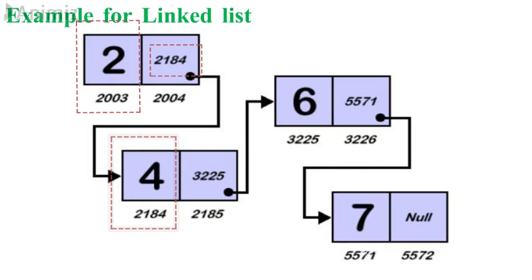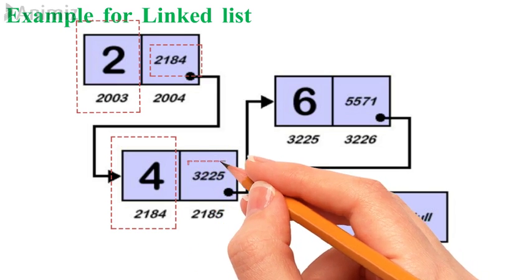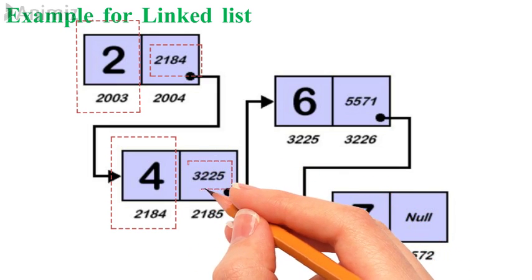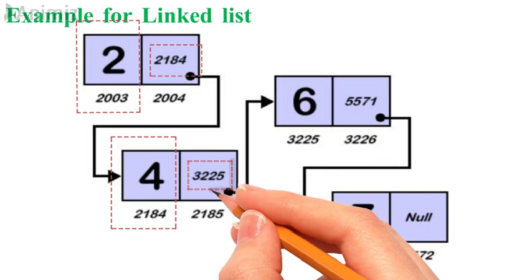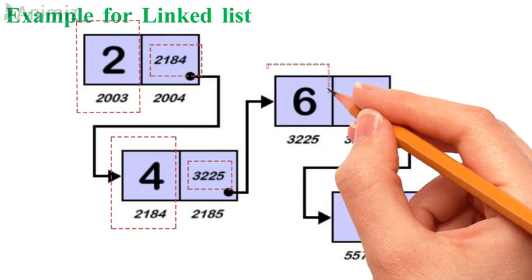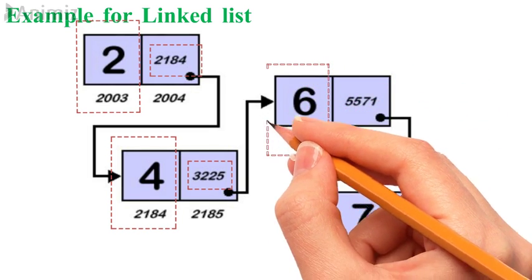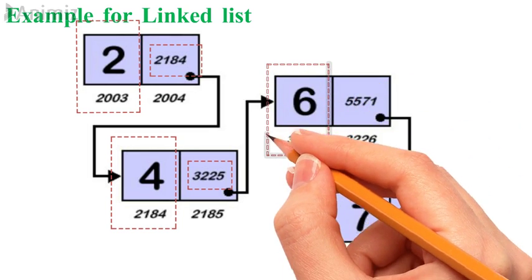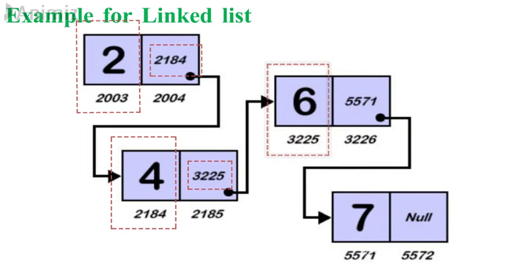Now when I go for traversing, I can see the next node at the location 2184 with 4 as its information. Now in that node, you have the link with 3225 as its address. Now when you traverse that particular address, you have 6 as the information.